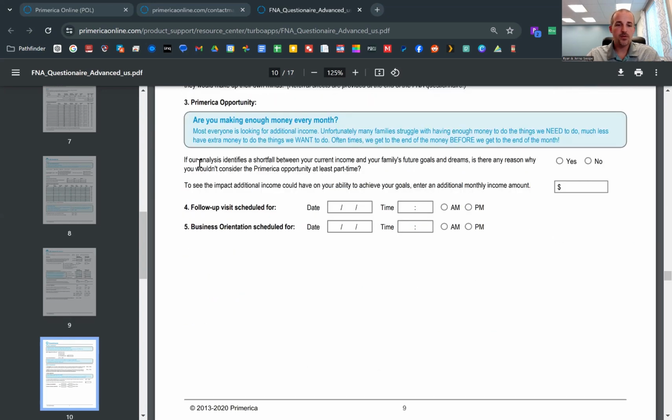And then another thing, I usually address this on the carryback appointment once you've already done the plan and you're bringing it back, because the plan will tell you if they have a shortfall. So your plan will say, hey, they need $3 million by the time they retire to retire comfortably, and they're only on track to have 1.8 or 2. And you can say, hey, there's a $1 million shortfall here.